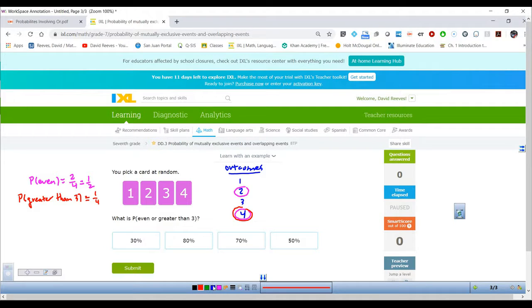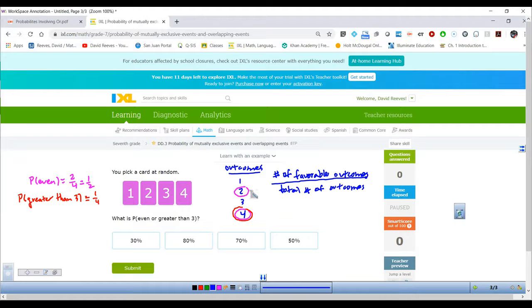Now, if you're just going to do the counting method of probability, how many winners do we have? Remember, because probability is the number of favorable outcomes over the total number of outcomes.